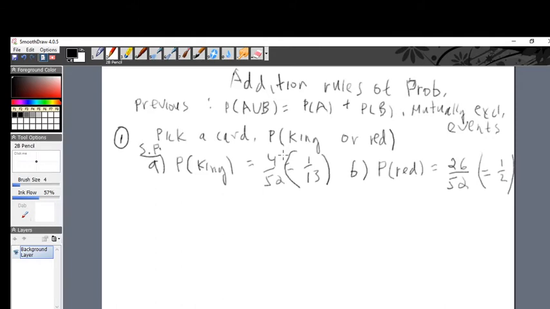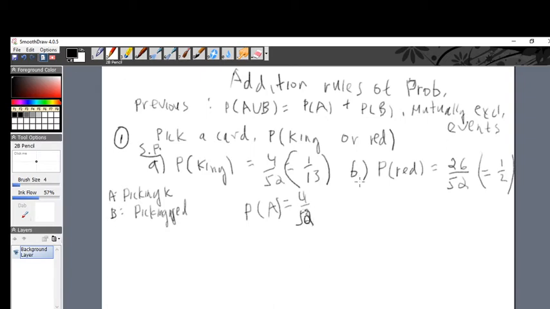Okay, so let's say we call picking a king A, and picking a red card is going to be called B. So the probability of A is equal to 1 over 13, which is equal to 4 over 52.